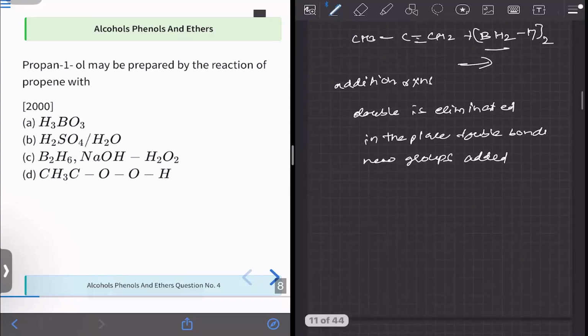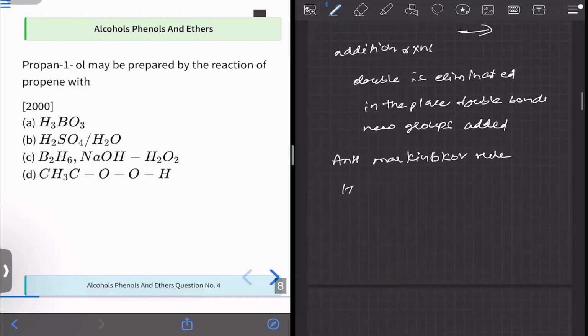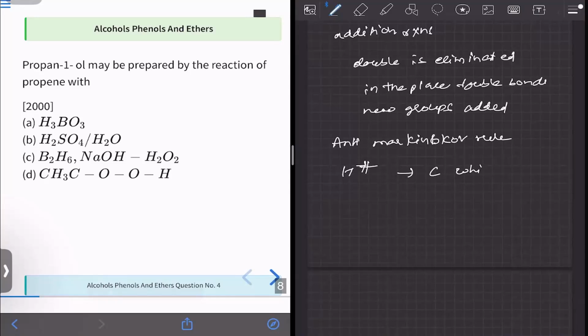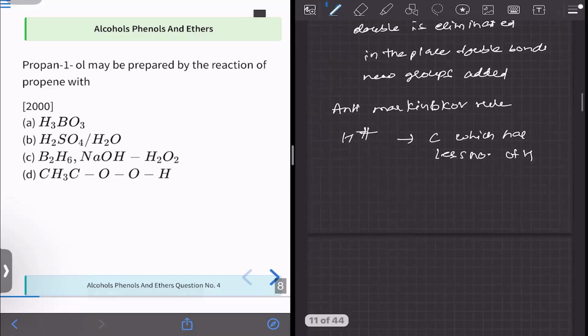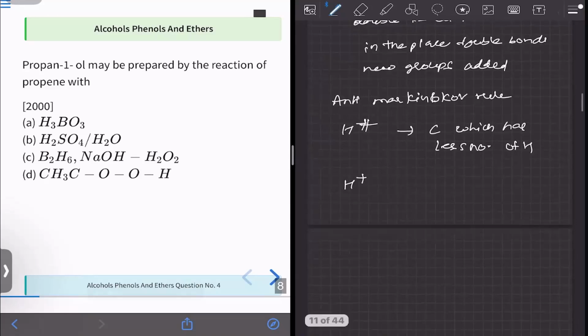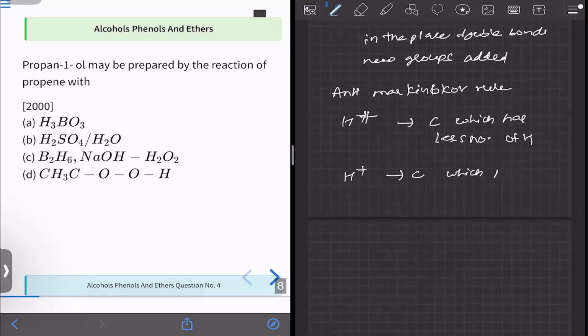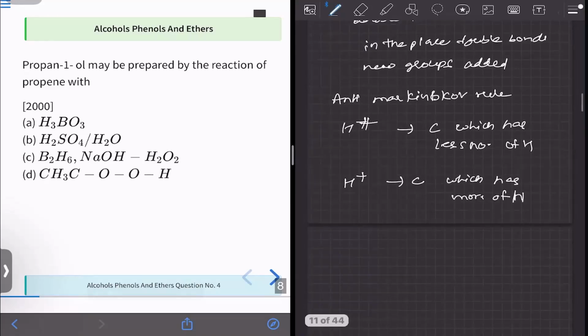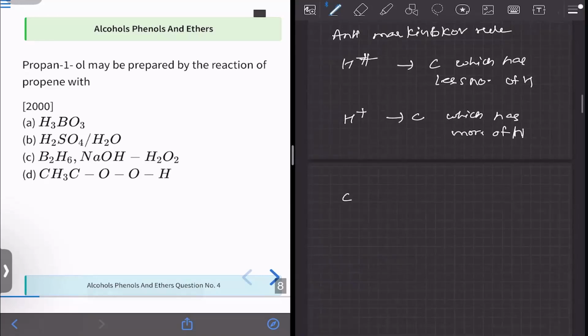So it follows the anti-Markovnikov rule, because here hydrogen, that is the proton, is added to the carbon which has fewer hydrogens. What is the Markovnikov rule? Where the proton is added to the carbon which has more hydrogens. So it follows the anti-Markovnikov rule. So where hydrogen is attached, that gives CH3CH2CH2BH2.